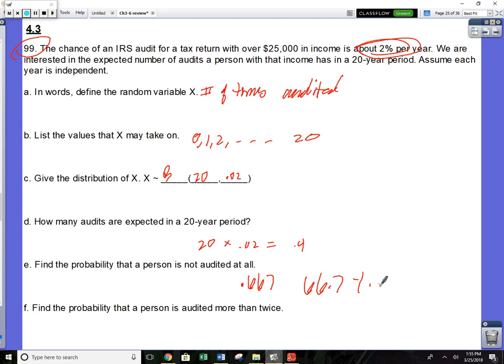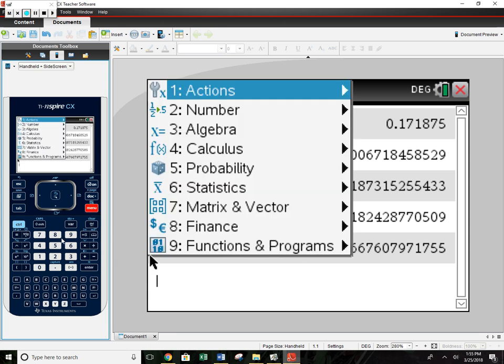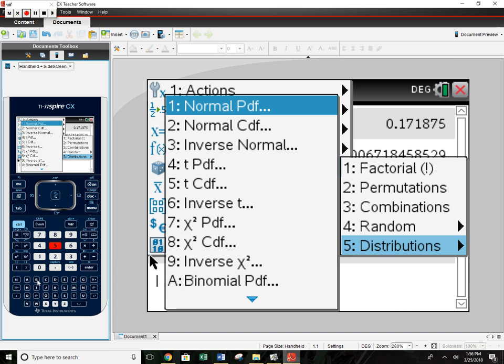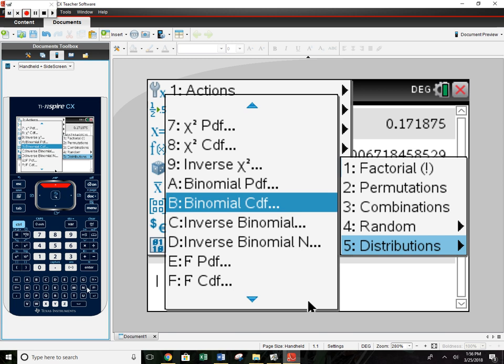That's good. Okay, what are the chances that you are audited more than twice? So the probability that x is more than twice. So it's got to be greater than 2. Or I guess we could say greater than or equal to 3, because x is only going to take on these whole number values. Okay, so menu 5, and this is B. It's going to be a binomial CDF, a cumulative distribution.